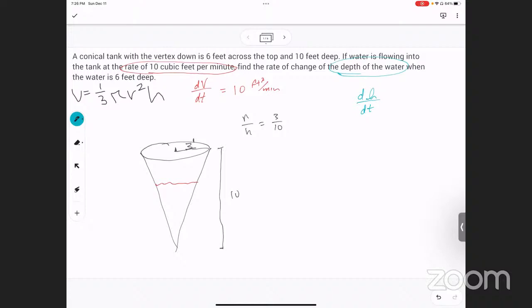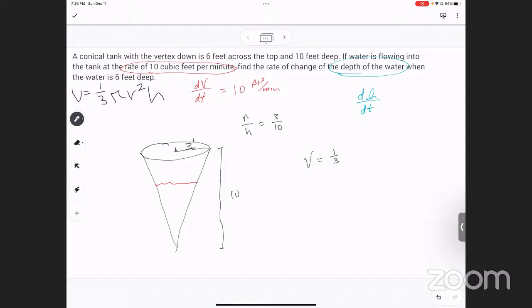So what we're going to do is take this equation and take the derivative with respect to time. Well, actually, the first thing we're going to do is rewrite this in terms of h. I had 1/3 pi, and then in parentheses 3h over 5 squared times h.